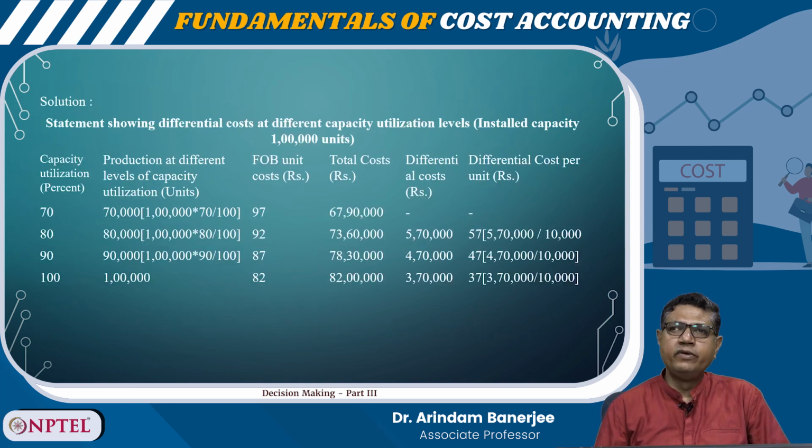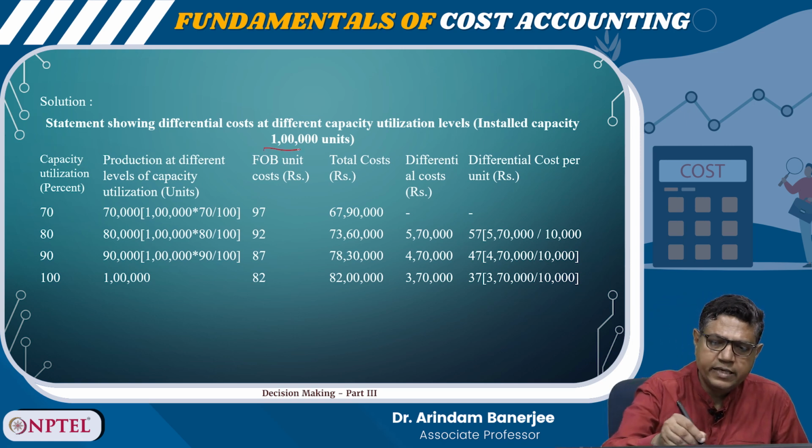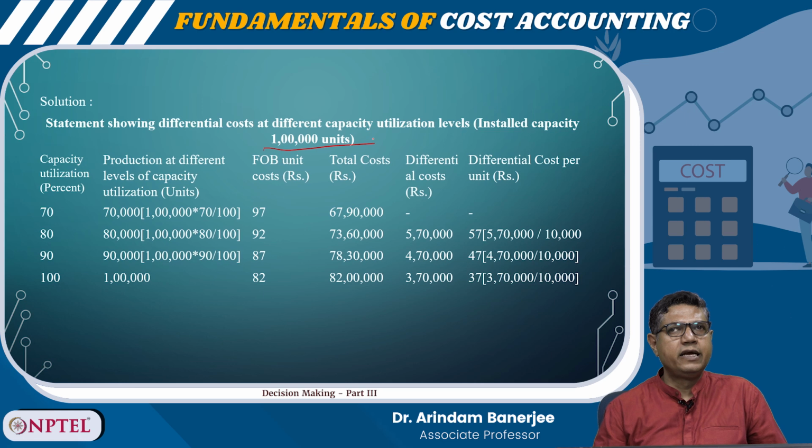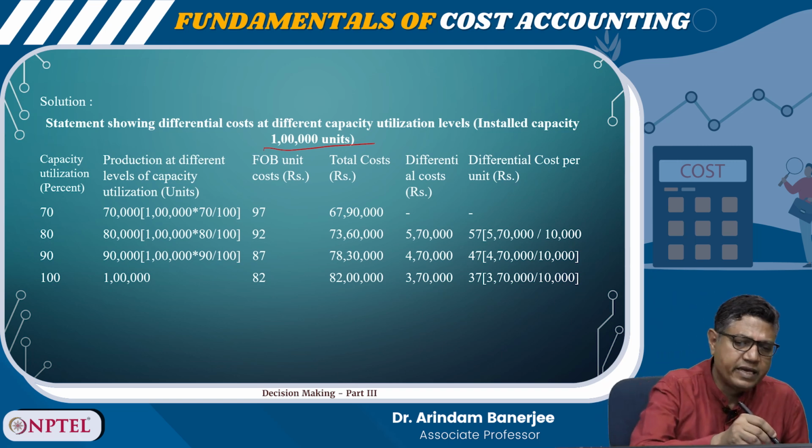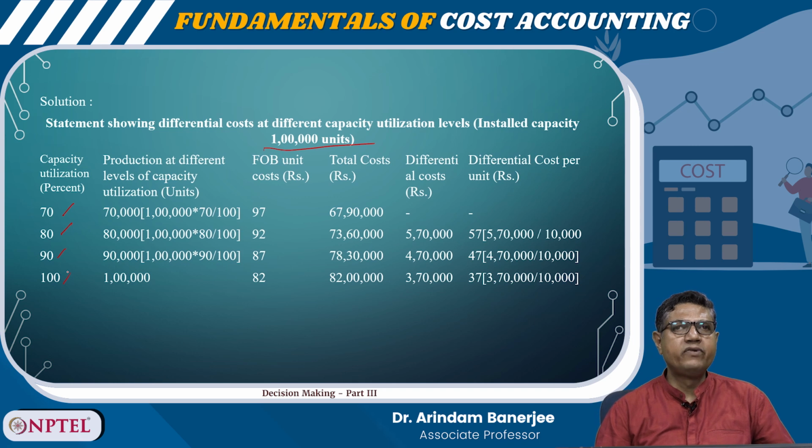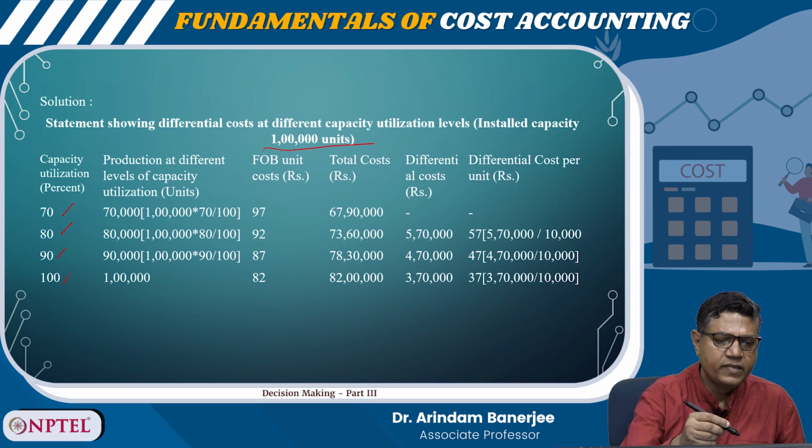So, again what we will do is calculate the differential costs under the different options. Statement showing differential costs at different capacity utilization levels, where 100% capacity is 1 lakh units, right. Capacity utilization percent, I have taken the options 70, 80, 90, 100, and production at different levels of capacity utilization I can calculate.